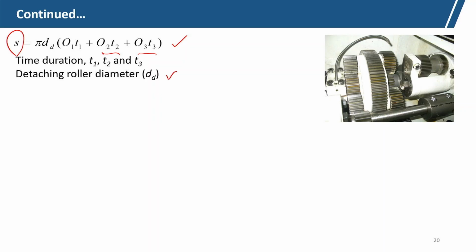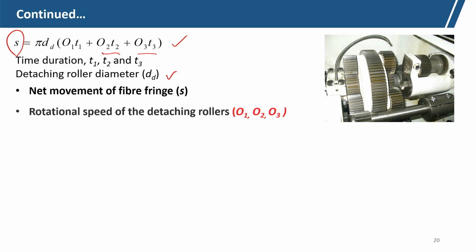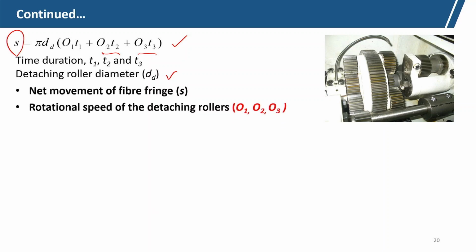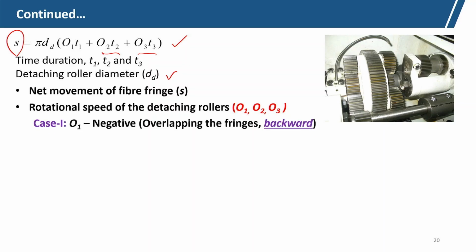This gives the net movement of the fringe S. In case 1, O1 is the detaching roller speed, which is negative. So, it is actually helping in overlapping the fringe, that is the backward motion.